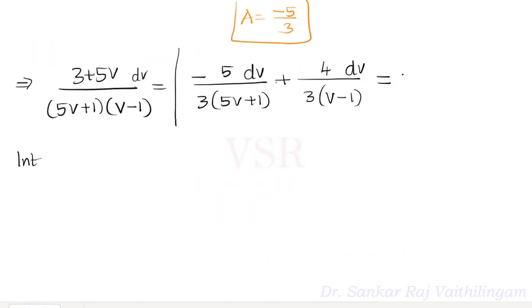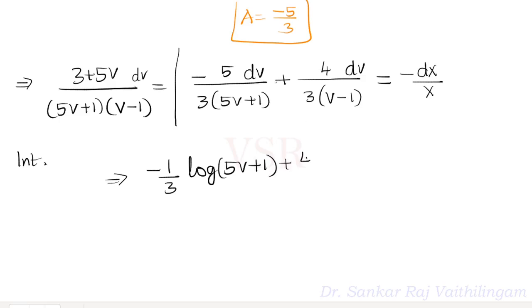If we differentiate 5v plus 1, we get 5. So what we are having is minus 1 by 3 times log of 5v plus 1, plus 4 by 3 times log of v minus 1.